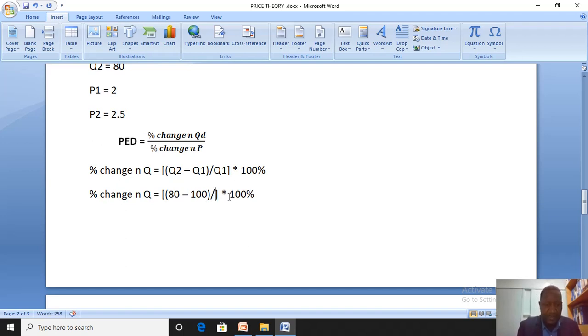So 80 minus 100 divided by 100 multiplied by 100%. That should give us about 20%.